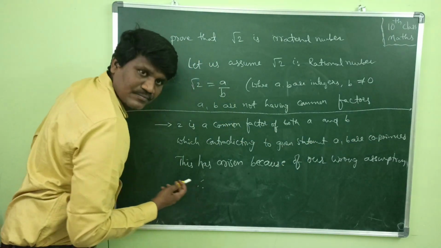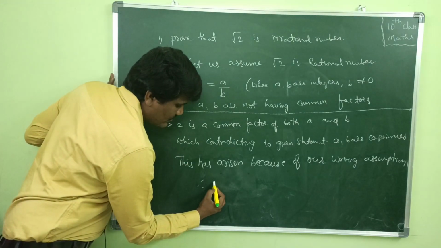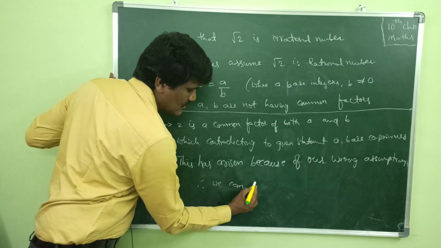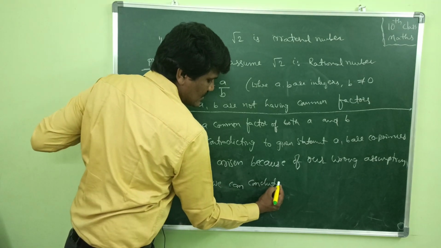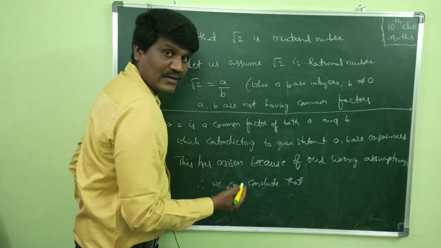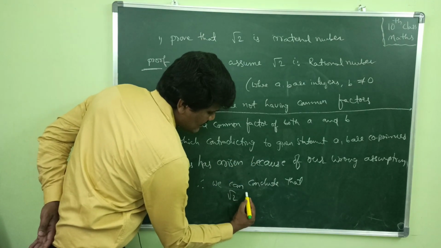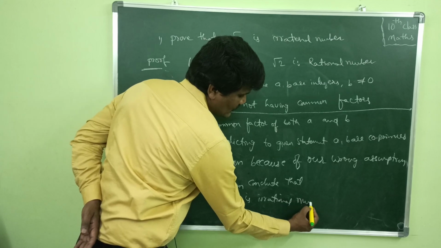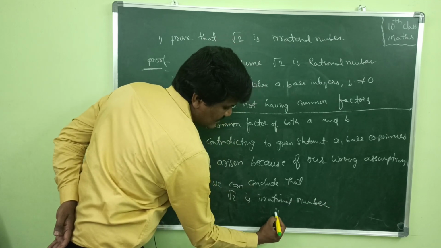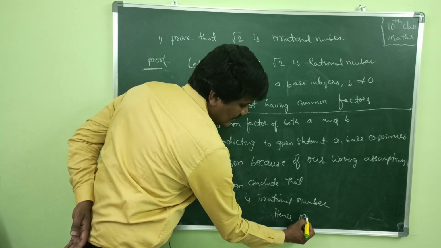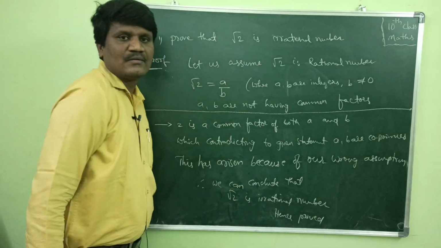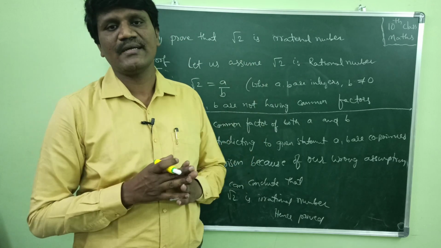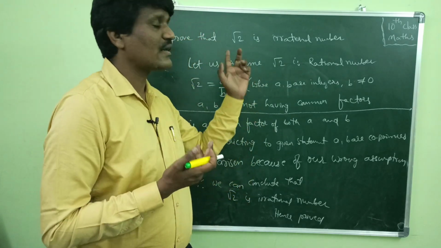Therefore we can conclude that root 2 is irrational. Root 2 is an irrational number, hence proved.